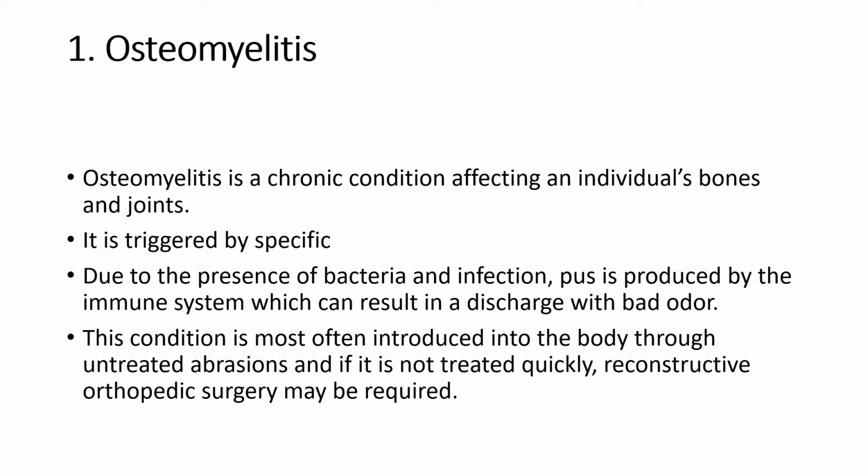It is triggered by the presence of bacteria and infection. Pus is produced by the immune system, which can result in a discharge with bad odor. This condition is most often introduced into the body through untreated abrasions, and if it is not treated quickly, reconstructive orthopedic surgery may be required.